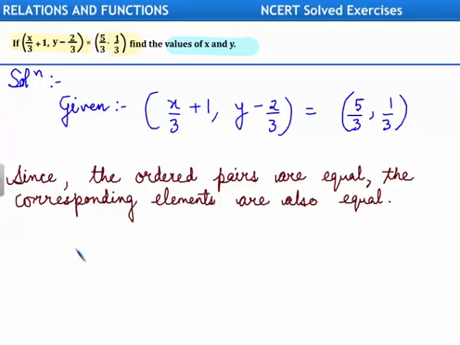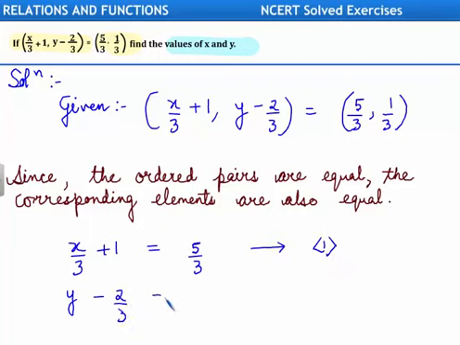Therefore, we will have x/3 + 1 = 5/3. Let us name this equation 1. And also we will have y - 2/3 = 1/3, and we name this as equation 2.